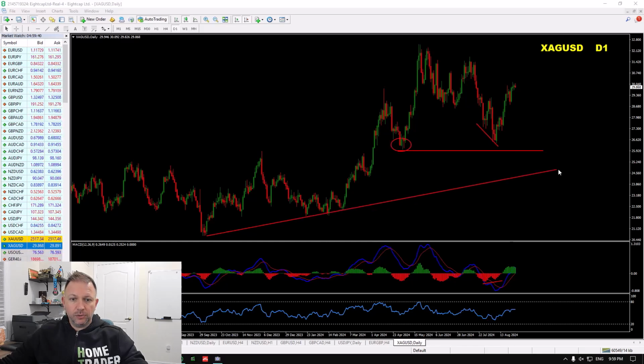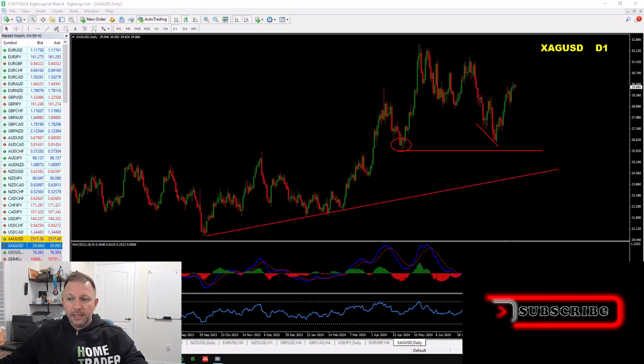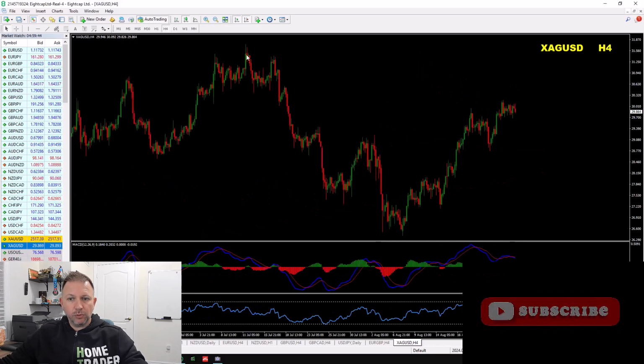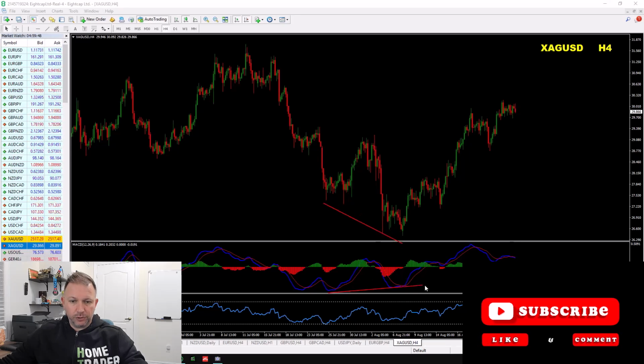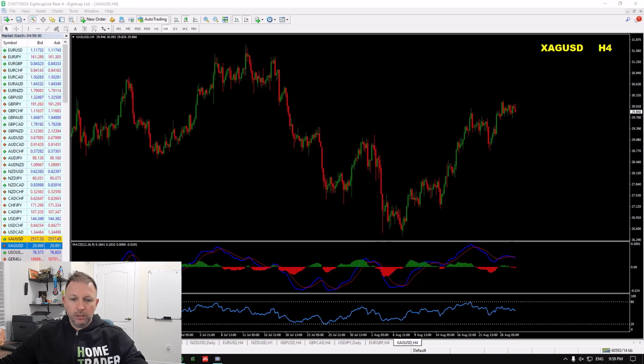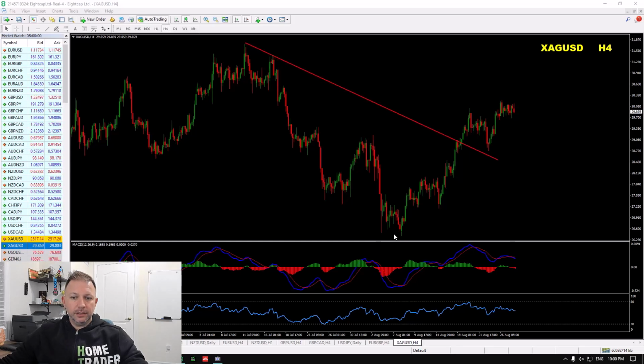Holding above the rising trend line, and at the same time the 4-hour chart completed a bullish divergence on the moving average of the MACD, on the RSI as well, broke above the most recent falling trend line, and it continued to create the momentum of higher highs, higher lows.